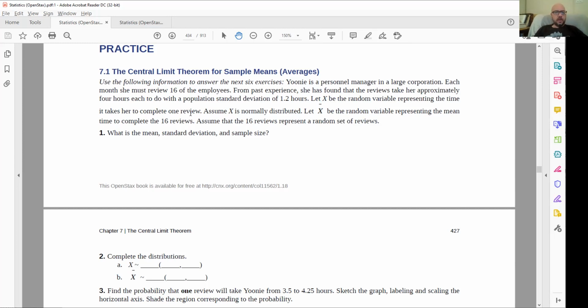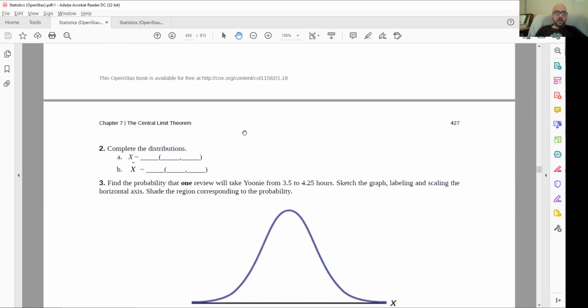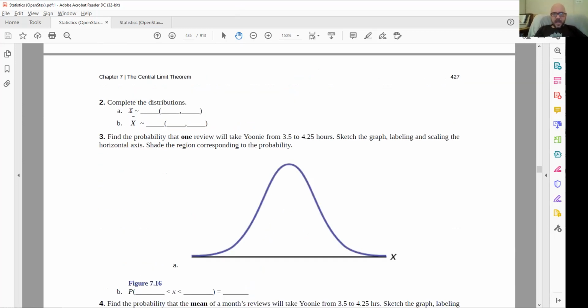Okay. All right, so what's the mean, standard deviation, and sample size? Mean is 4, standard deviation is 1.2, sample size is 16. X has that distribution that we said earlier, normally distributed, so N with a mean of 4 hours and a standard deviation of 1.2 hours.